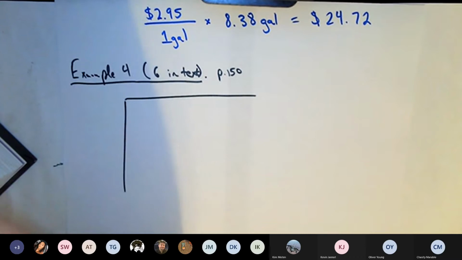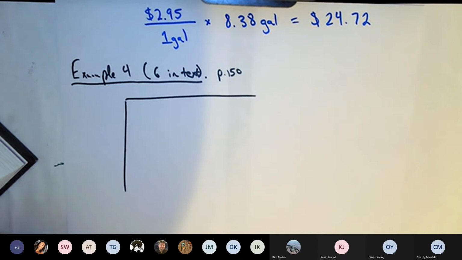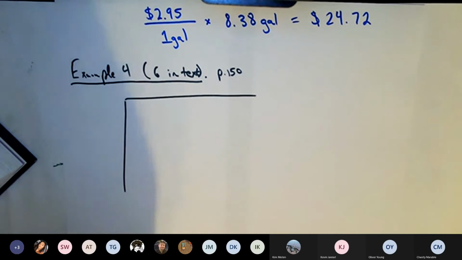Yes, page 150. There it is. Screenshot, and then back to Teams.